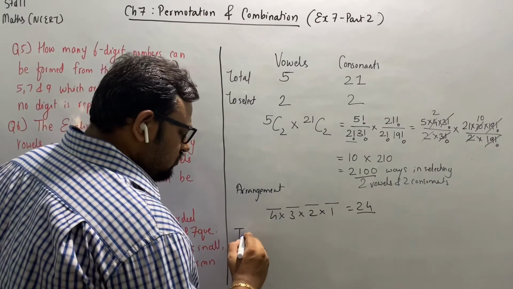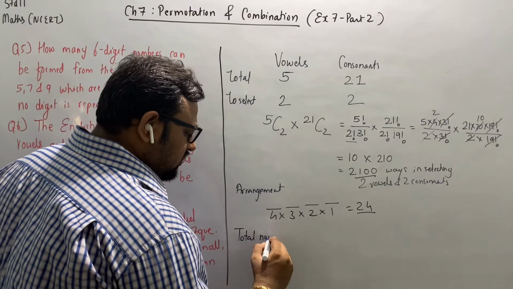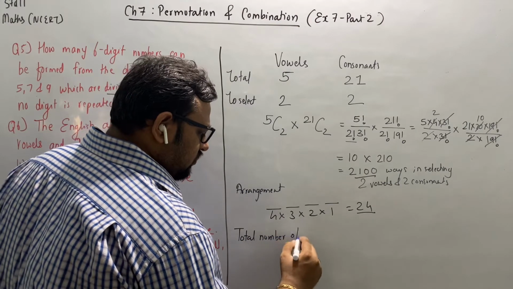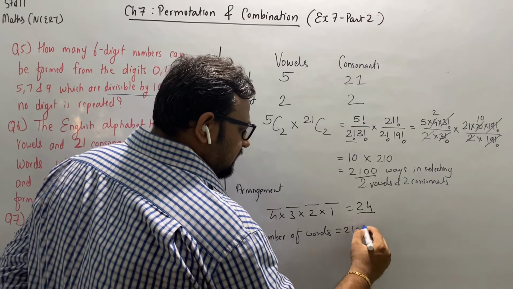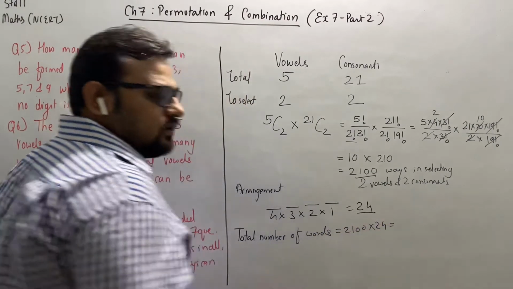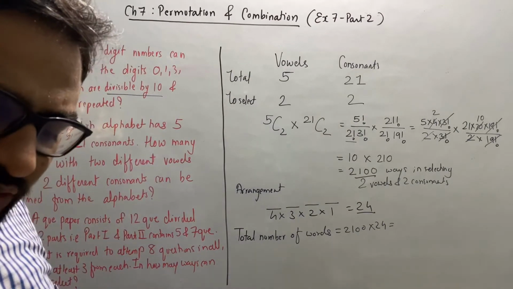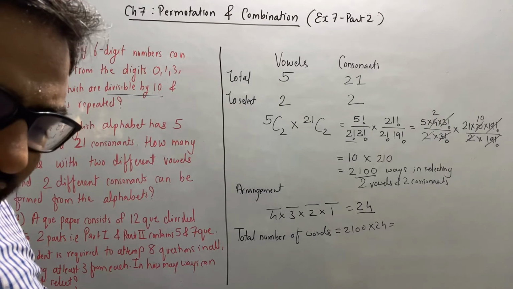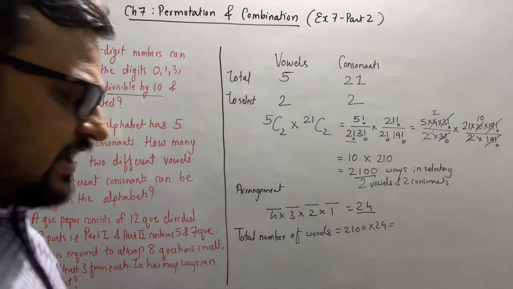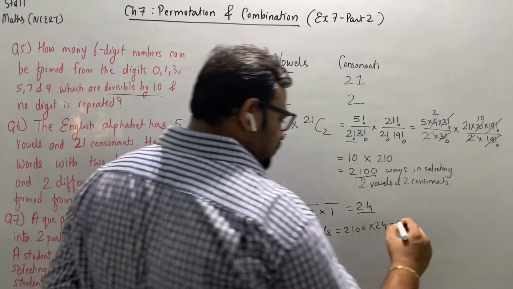So the total number of words is 2100 into 24. Let me calculate it. This is equal to 50400.